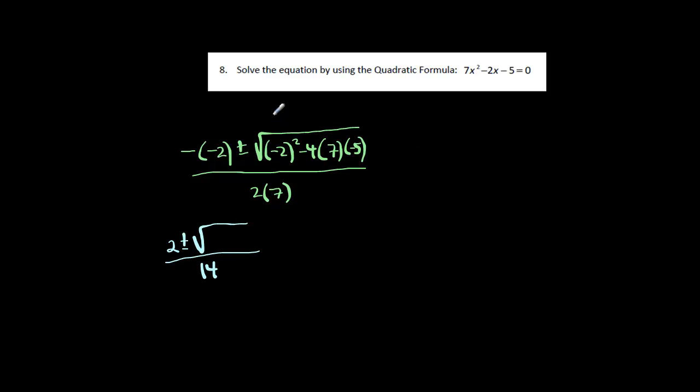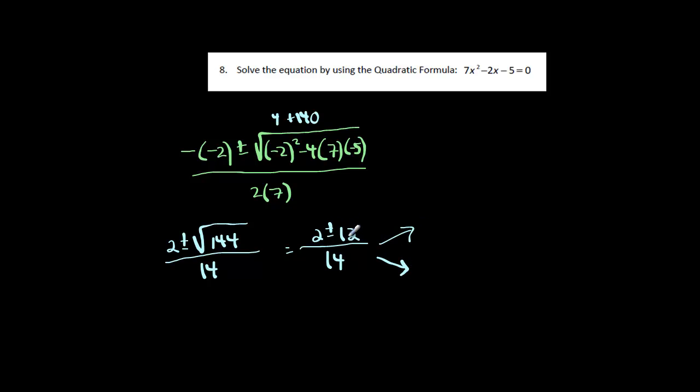Negative 2 squared is 4. We have a negative 4 times a 7 times a negative 5. That's plus 140, because 4 times 5 is 20, and 20 times 7 is 140. So we're going to have 144 in here. That's a perfect square. So 2 plus or minus 12 all over 14.